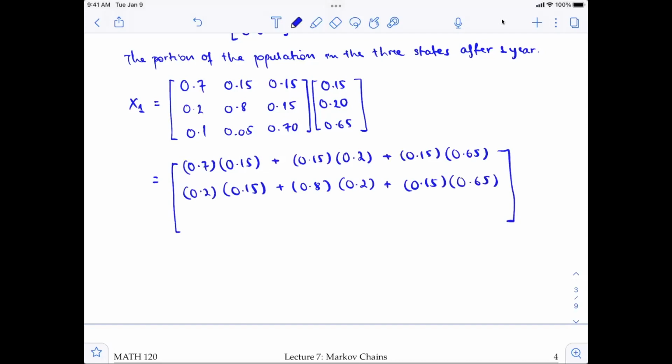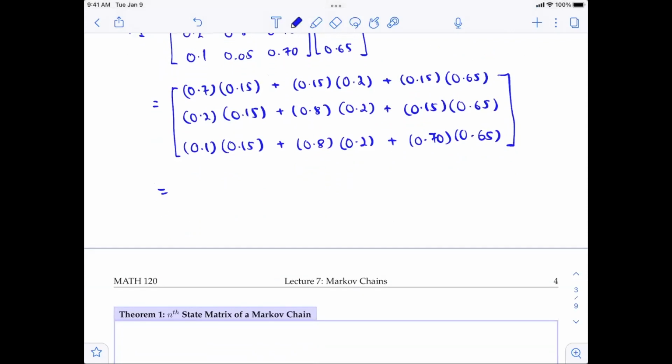And the last entry can be calculated as 0.1 times 0.15 plus 0.05 times 0.2 plus 0.70 times 0.65. And if we do the calculations correctly, we're going to get the first entry to be 0.2325. The second entry is 0.2875. And the last entry is 0.48.